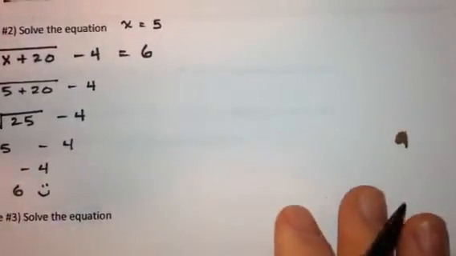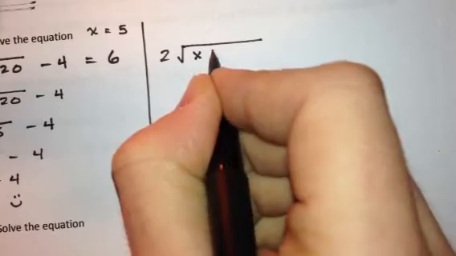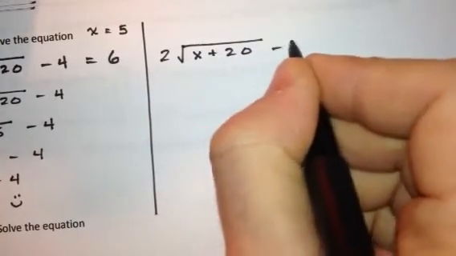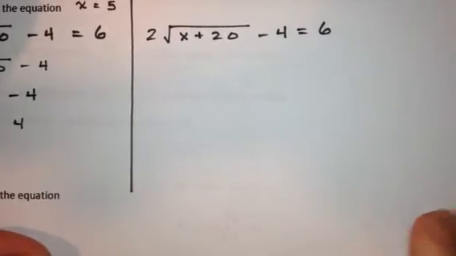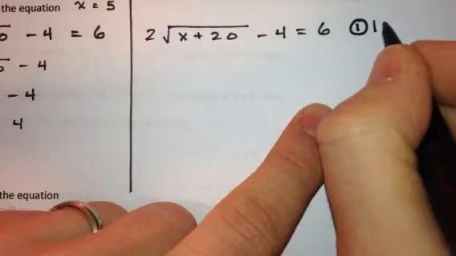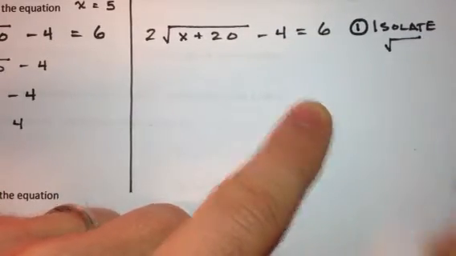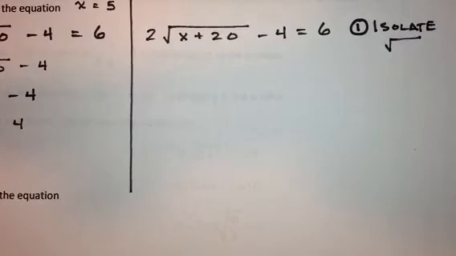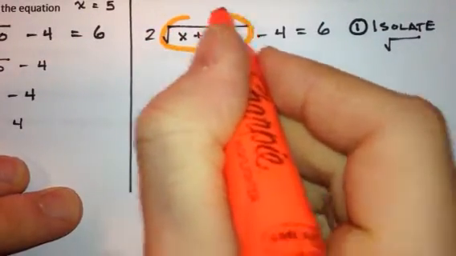Now let's come over here and look at how we would actually solve that equation. So write it again. And the first step, this will be the first step for all the equations you solve, is to isolate the radical. The radical is this piece of the equation.